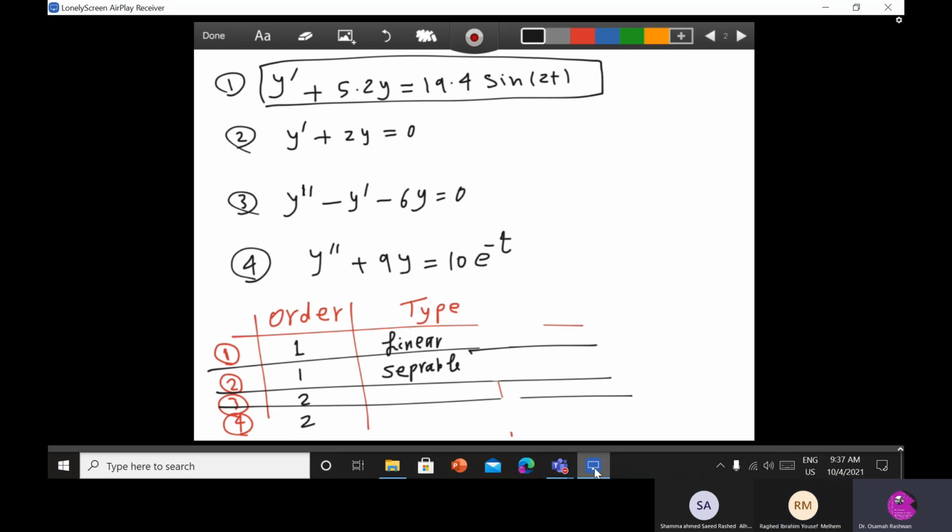So this one I can say linear, homogeneous with constant coefficient. That's just to write properly.